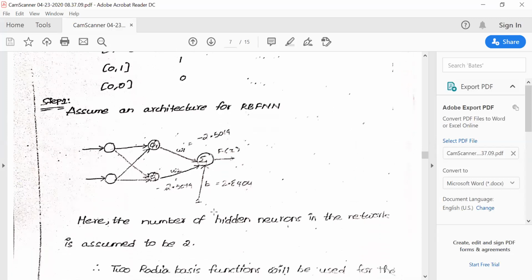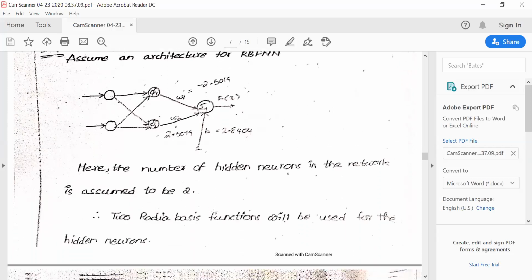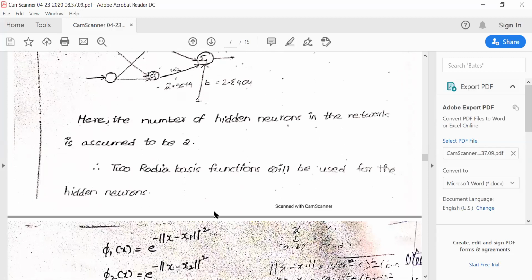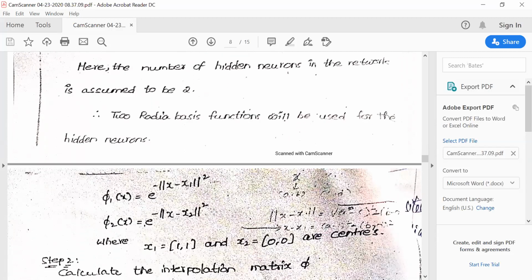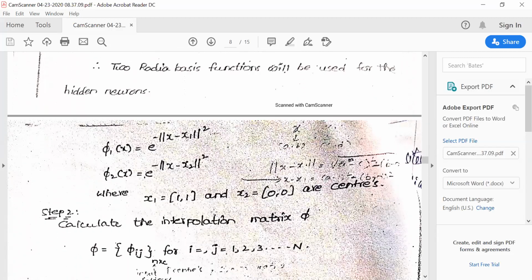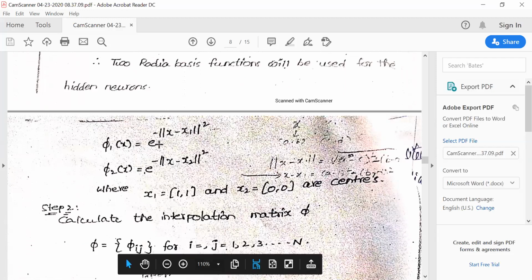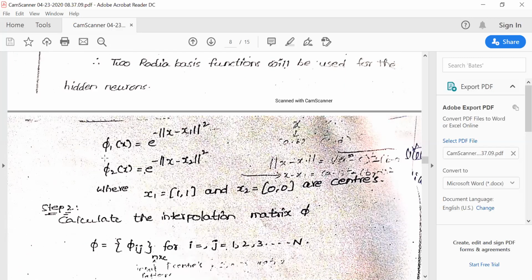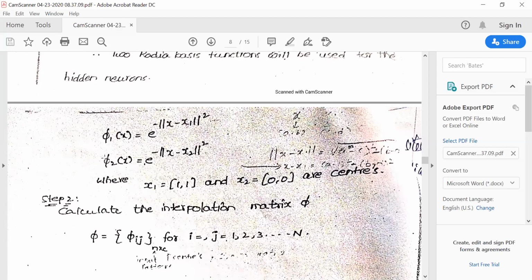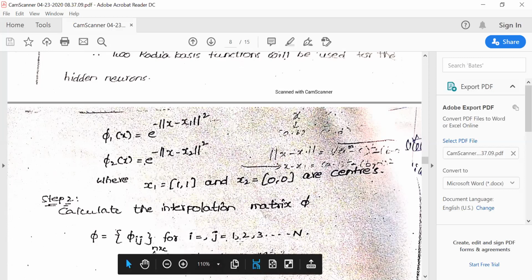So once you identify the architecture of the RBF neural network, the next thing is you need to identify the radial basis functions that you will consider for nonlinear mapping. Again, I'm using the same two functions, phi1 of x and phi2 of x: e power minus (x minus x1) whole square, and e power minus (x minus x2) whole square, assuming that x1 is equal to (1, 1) and x2 is equal to (0, 0).